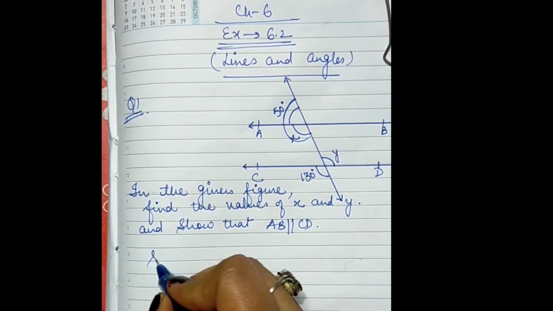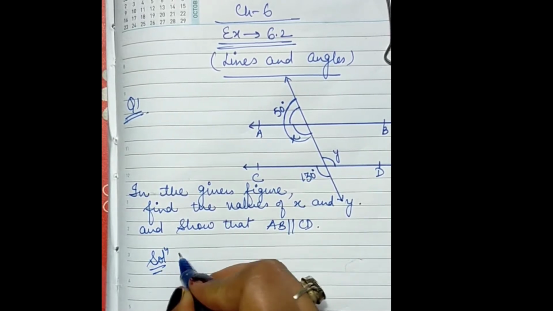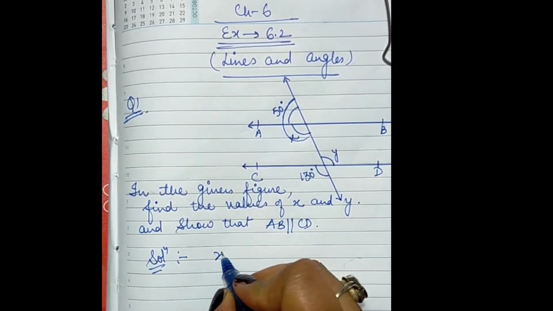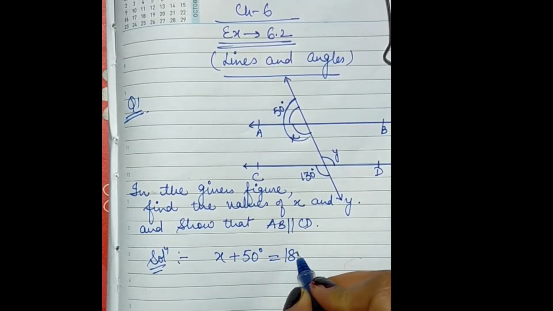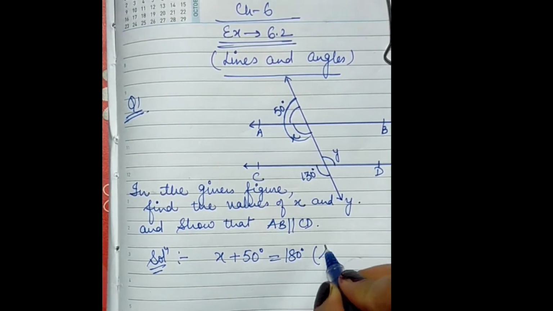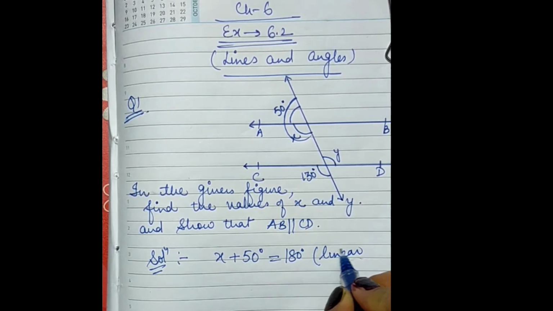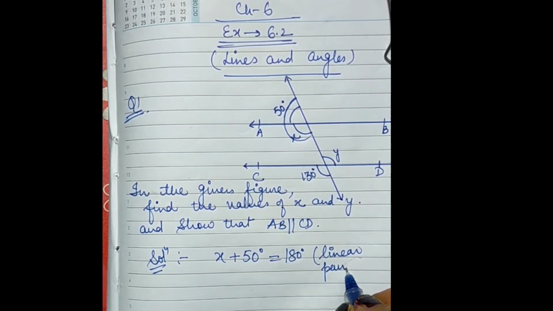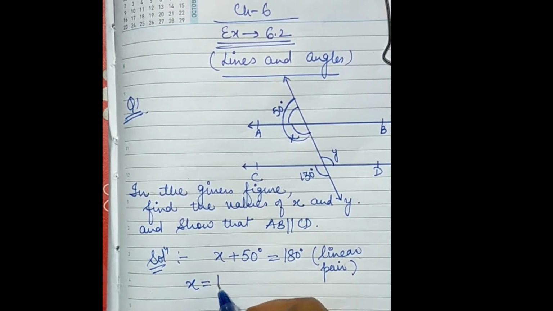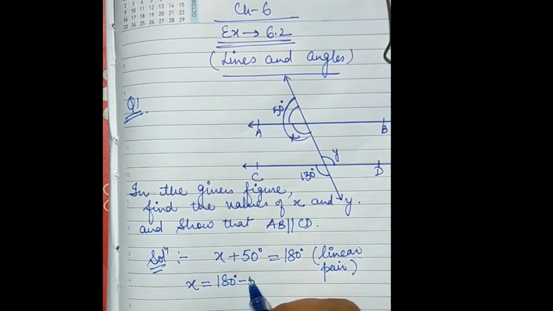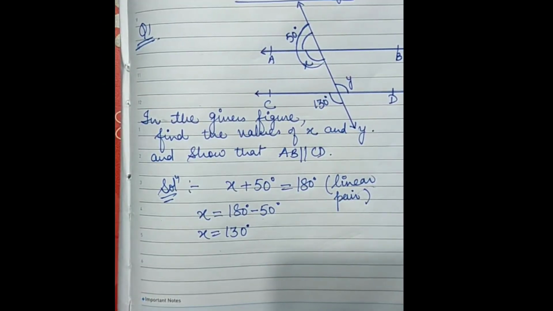So I can simply mention x plus 50 is 180 degrees. Reason being, they are forming a linear pair. So we got the value for x as 180 minus 50, x becomes 130.